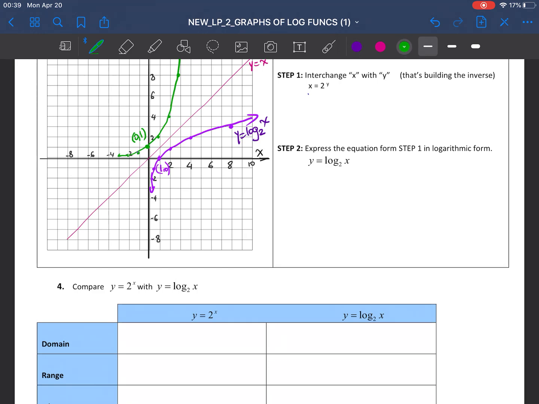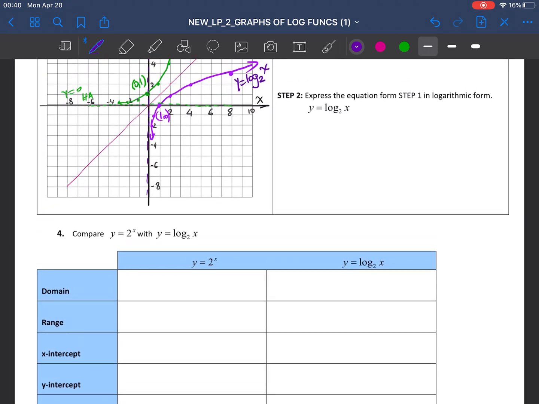So remember that y equals 2 to the power of x has a horizontal asymptote here with equation y equals 0. For the function y equals log with base 2 of x, which is the inverse, this will convert to a vertical asymptote where x equals 0. So we're going to compare the functions.